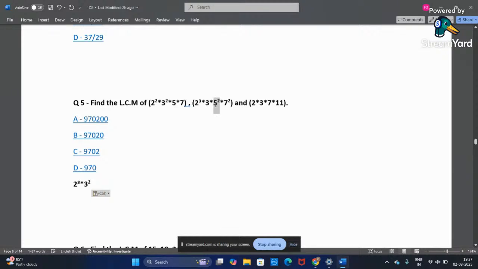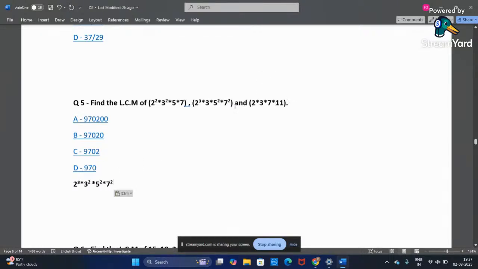For LCM, you have to take the highest one. Then the remaining is this 7. Here it is 7 square. This is the highest one, right? So you have to take this.